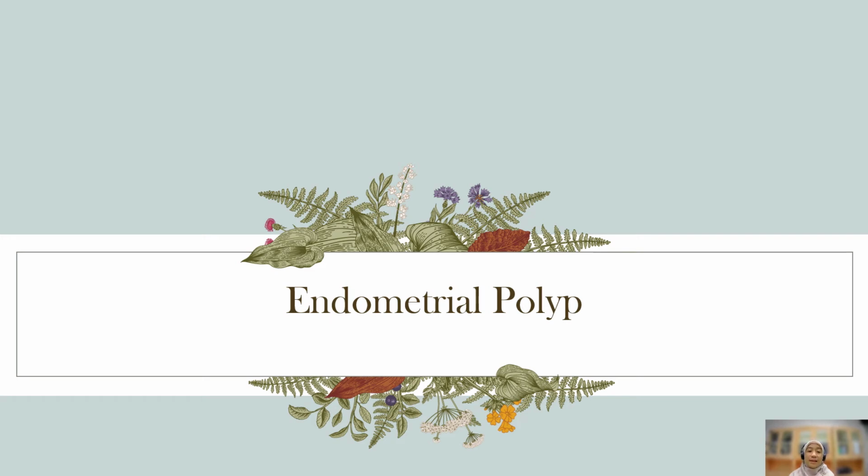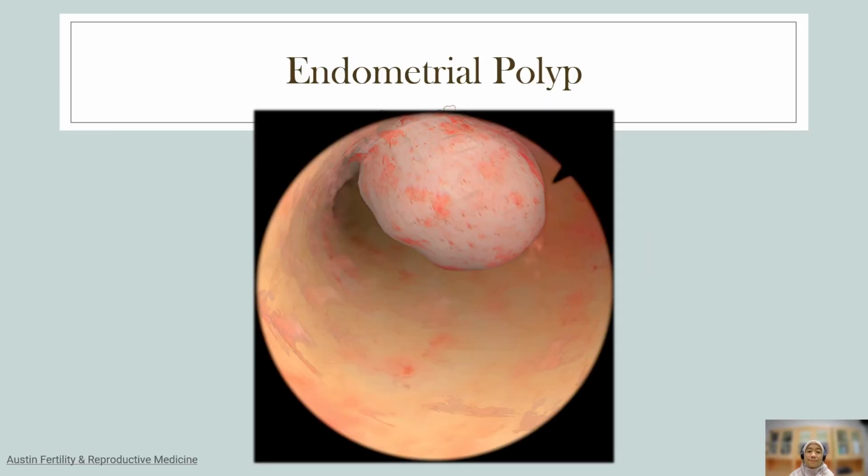Now, our next topic is endometrial polyp. Endometrial polyp is the most common lesion found in the endometrium. The specimen sent for histopathological examination is usually derived from curettage procedure. This picture shows the appearance of endometrial polyp in hysteroscopy.